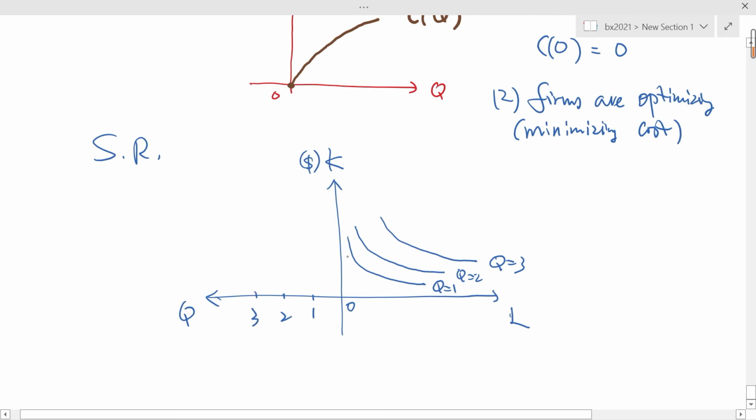Let's say in the short run, if I want to produce 1 unit, then it's bundle A. That means this much capital, this much labor, and the total cost is this much, because the rental rate is normalized to be 1. So for A, I go from 1 up to the vertical intercept and read the associated total cost.